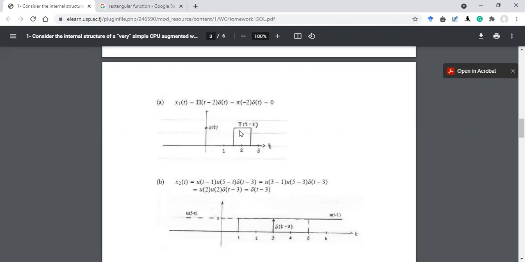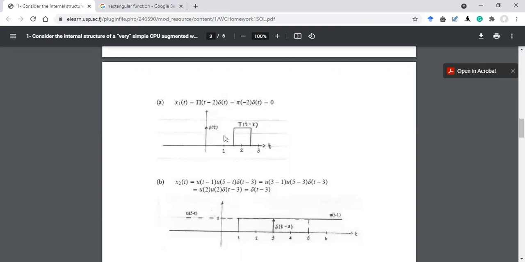So this function multiplied with this: when t is equal to 0, delta of t is multiplied by 0, so we'll have a 0 function altogether. And for delta t, it is all 0 afterwards, so 0 multiplied by the rectangular function gives 0.